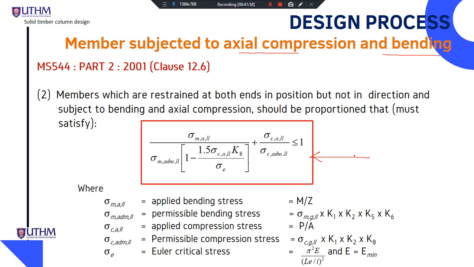Also, this equation is for members which are restrained at both ends in position but not in direction, meaning it is pin ends.